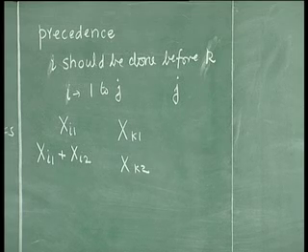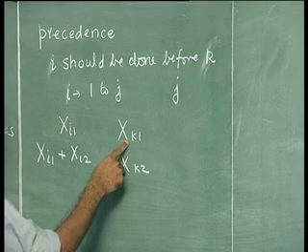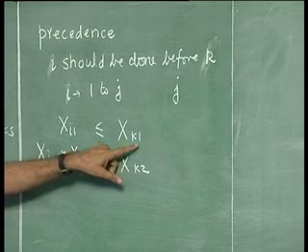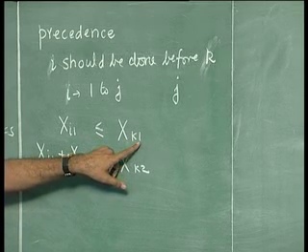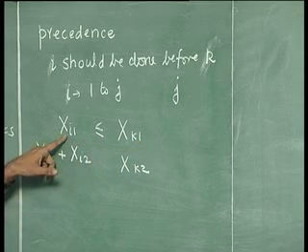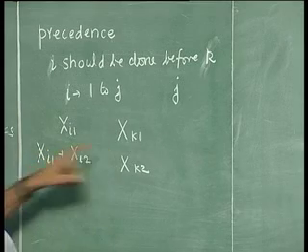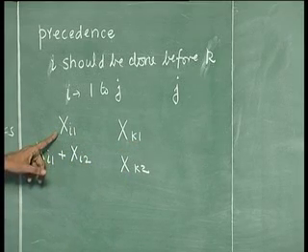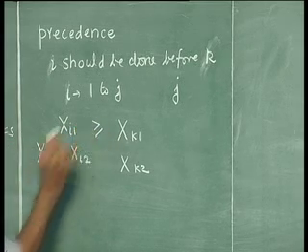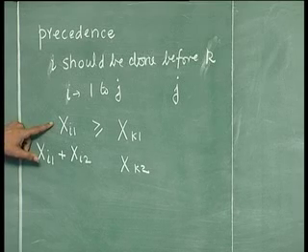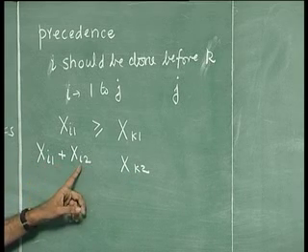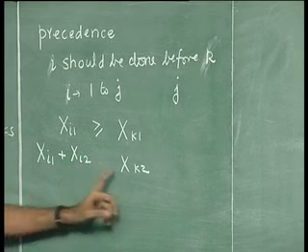Now how do you model this? X_k1 should be greater than or equal to X_i1, because if this is 1, then this has to be 1, right, this cannot be 0. Now if this is 2, then this can be 1 or this can be 1, but one of them will have to be 1 if this condition is satisfied.